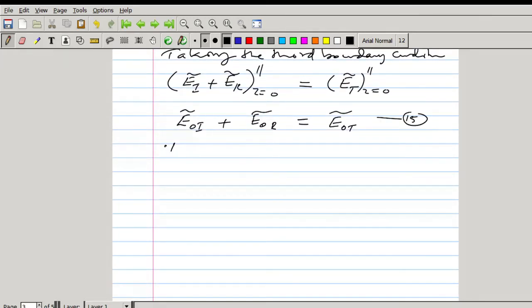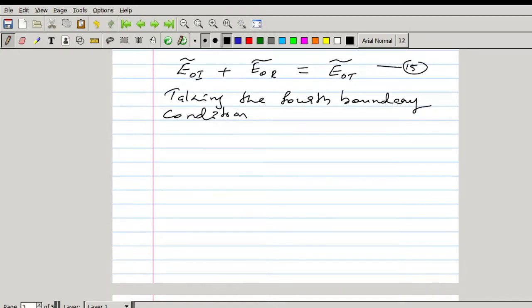Now taking the fourth boundary condition. The fourth boundary condition is 1 by mu 1 into B1 parallel.